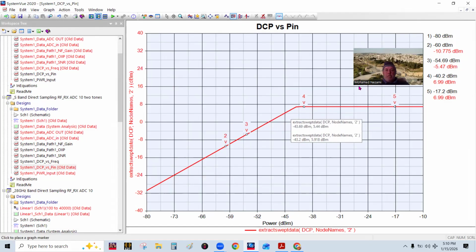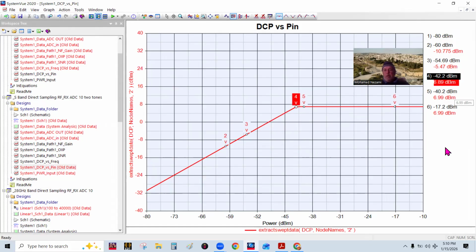This is really sweeping the front end of the receiver versus the output. And the output is going to saturate at 7 dBm, which is the full scale of the ADC. So past around somewhere, let's see where it is, past minus 42.2 dBm, I'm going to saturate the ADC to the full scale, which is 7 dBm or 6.8, 6.9 dBm in this case.